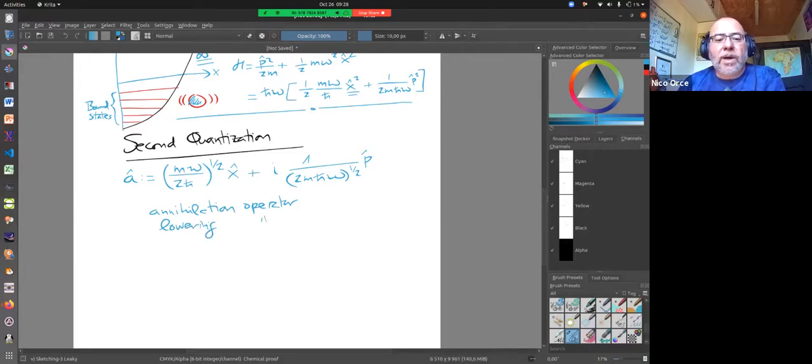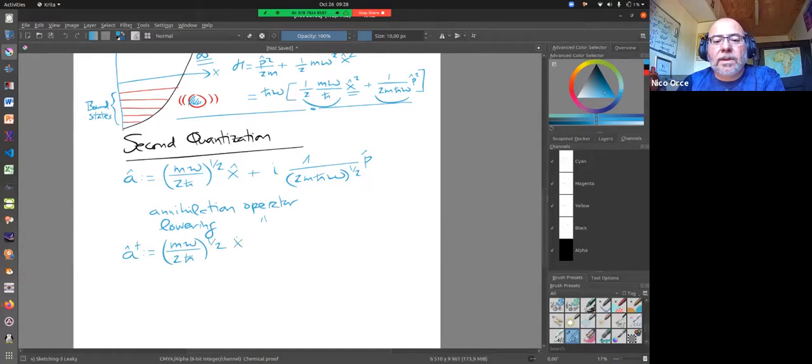And similarly, we are going to define a dagger. This symbol means define, which is going to be equal to the square root of m omega over 2 h bar, x minus i times 1 over m omega p. You see, it's the same thing as we have here.